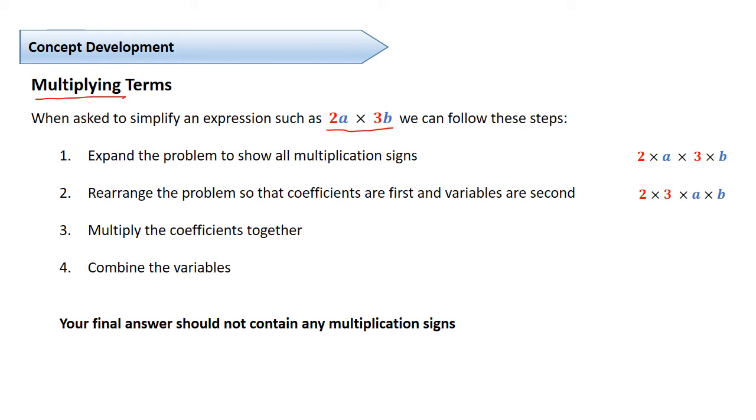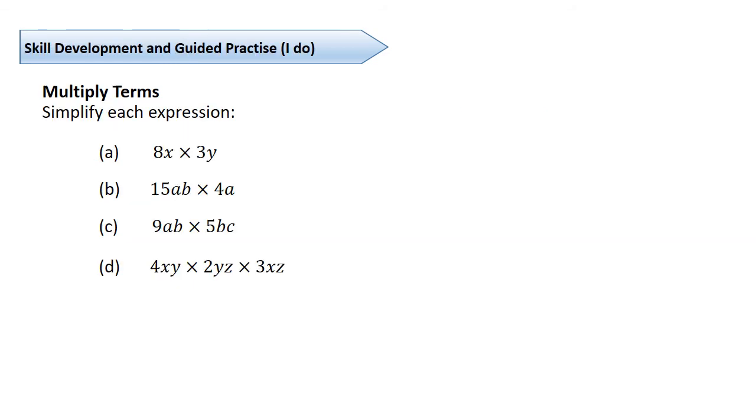So we move all the numbers out the front, all the variables out the back. We multiply the numbers together, so 2 times 3 is 6, and then we combine the variables there. Okay, so just like in shorthand, we don't need to write in the multiplication symbol, because when we don't have the multiplication symbol in there, it is implied, or it tells us that we are doing multiplication.